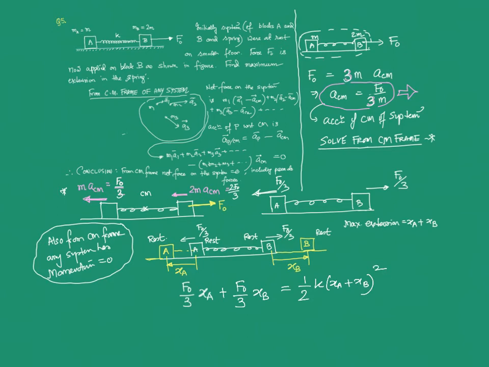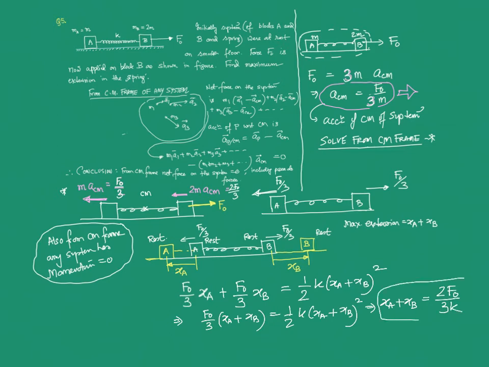That implies F naught by 3 times (XA plus XB) is equal to half K (XA plus XB) square, which implies XA plus XB is equal to 2 F naught by 3K. We have found the maximum extension in the spring.